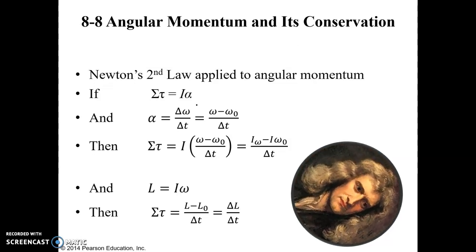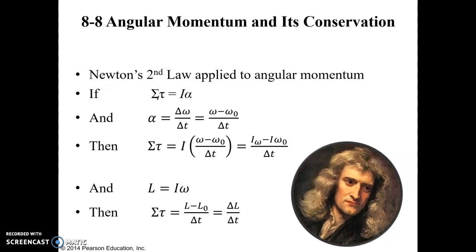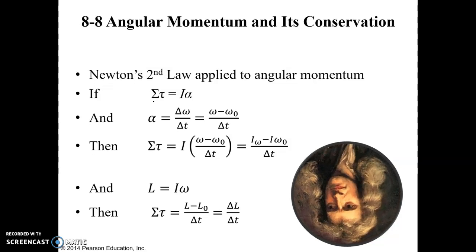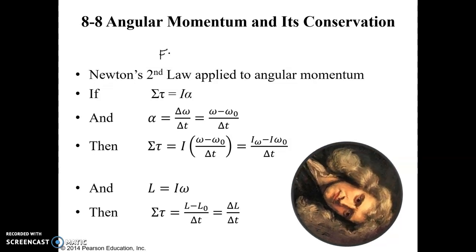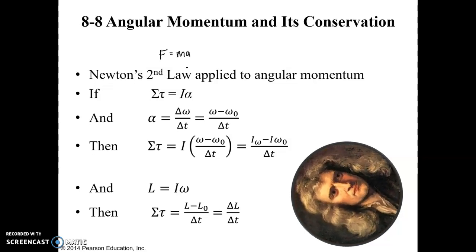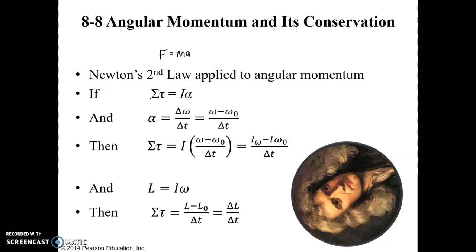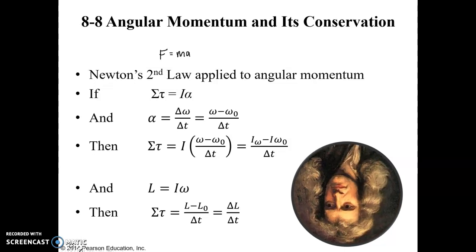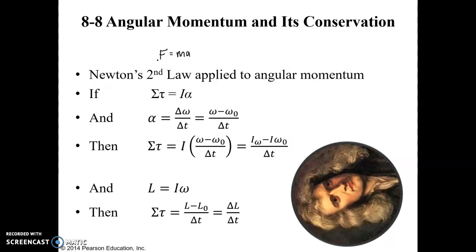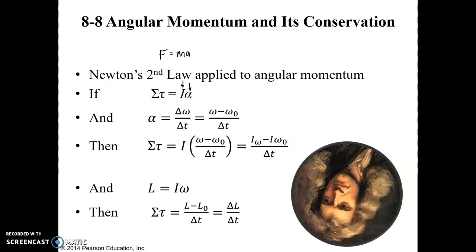So we already derived this formula in a previous video. It's basically rewriting Newton's second law of motion, which in linear terms we know is F equals ma. Changing that over to rotational motion, it's the sum of torque equals I alpha, so that's moment of inertia times angular acceleration.